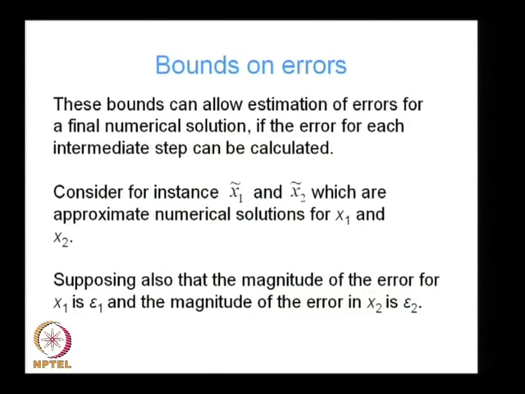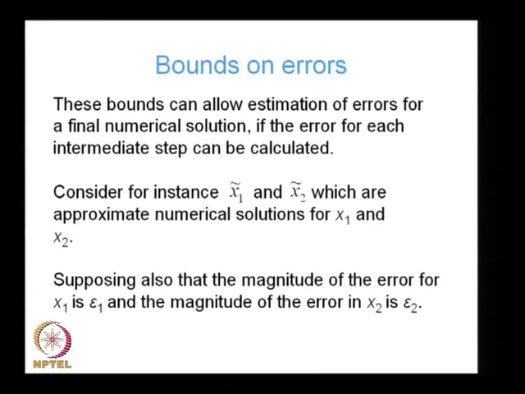If we compute the error for each intermediate step and we keep track of those errors, if we do some bookkeeping, then we can get the final error in our numerical solution. Consider for instance x1 tilde and x2 tilde, which are approximate numerical solutions for x1 and x2.